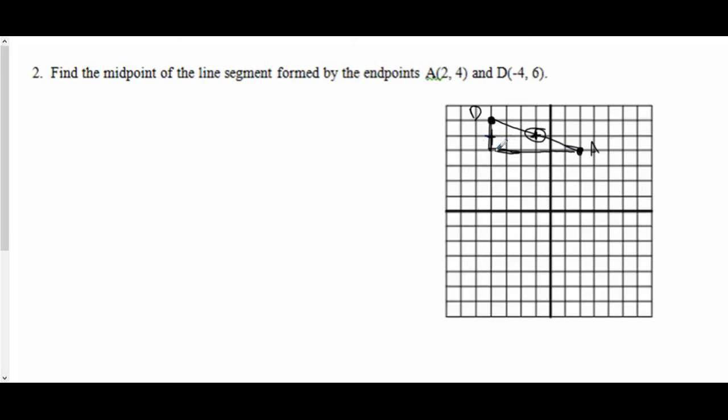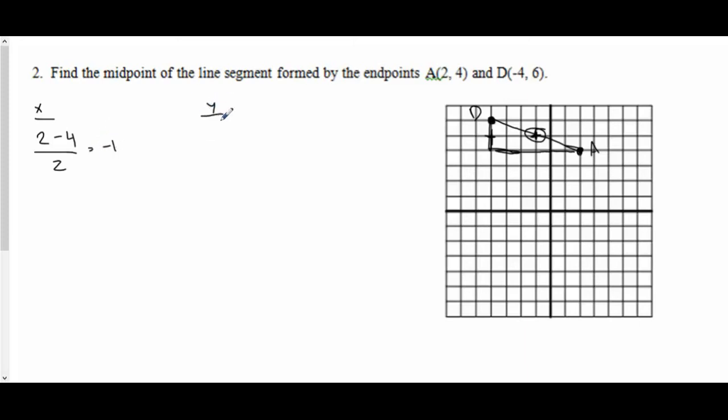And we just said that to find the halfway point, we just have to take the average. So if I want to do that calculation-wise, for my x, I'm going to have 2 minus 4 divided by 2, to take the average between 2 and negative 4, and that will give me negative 1.